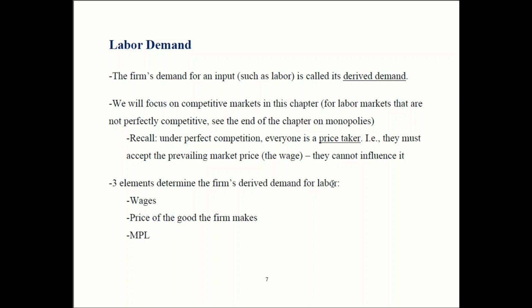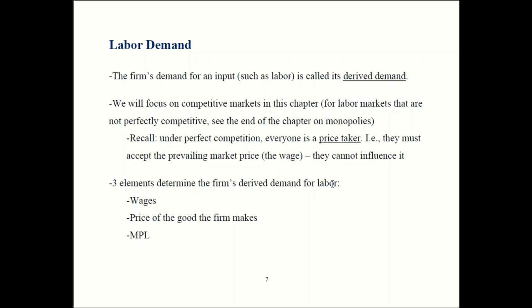Or it could be when the government is the only buyer of military equipment in the U.S. So those are labor markets that are not perfectly competitive. I should say the company town is the one that's not perfectly competitive for labor. So you already saw it earlier, so I'm going to focus on the competitive market case.